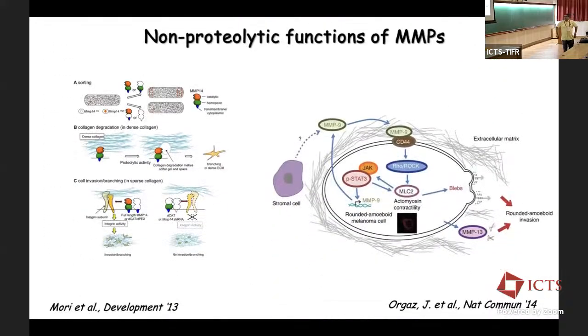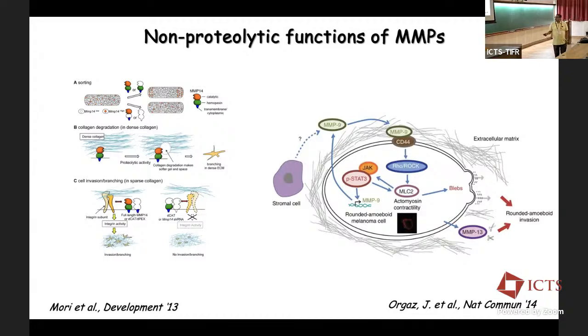Now, interestingly, there is an increasing body of literature showing that MMPs possess non-proteolytic roles as well. This was one of the first papers, from the lab of Mina Bissell at Berkeley.